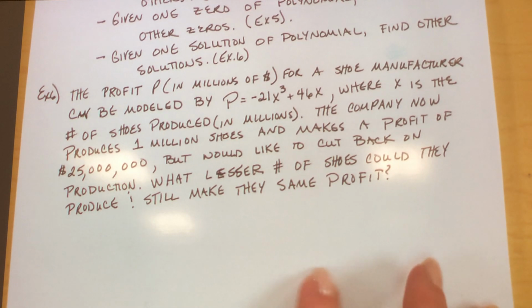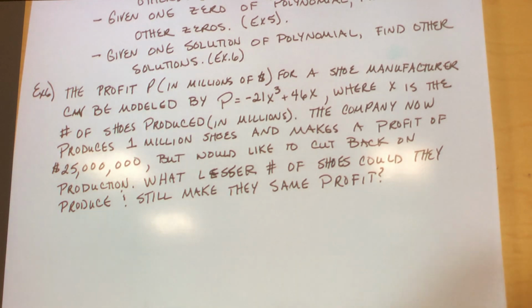Look, if this was your business, wouldn't you be like going, what? I can make lesser number of shoes and still make the same amount of money? What could I be cutting? Quality? Oh, no, we're not cutting quality, and we're not raising the price either. But what about the equipment? Does the equipment have to work harder to produce 1 million shoes as opposed to a lesser number?